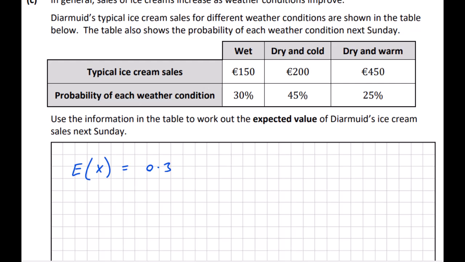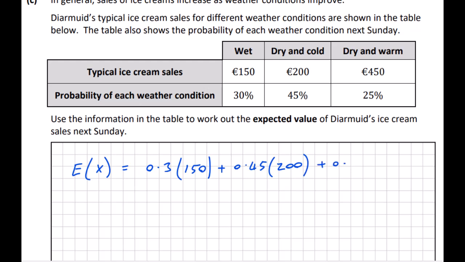multiplied by the typical ice cream sales for a wet day, which is €150. Plus the second one is 0.45 or 45% multiplied by the typical ice cream sales for a dry and cold day, which is €200.